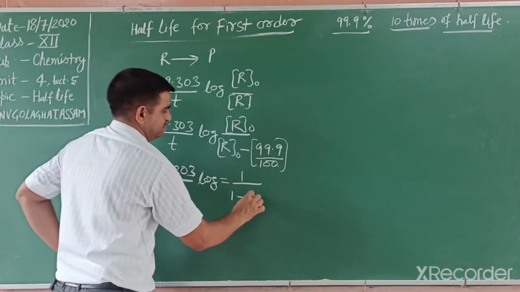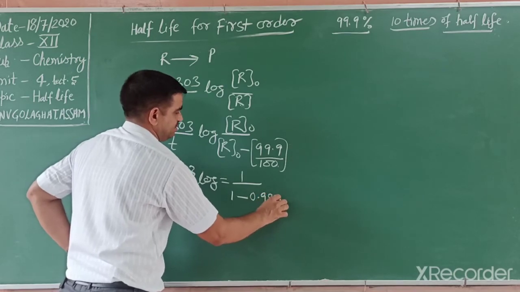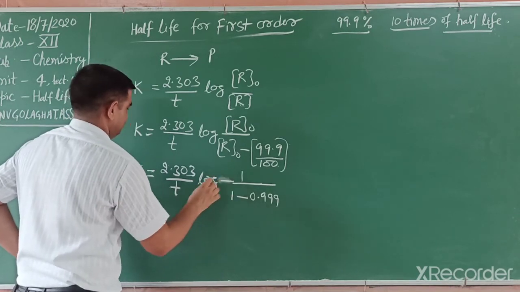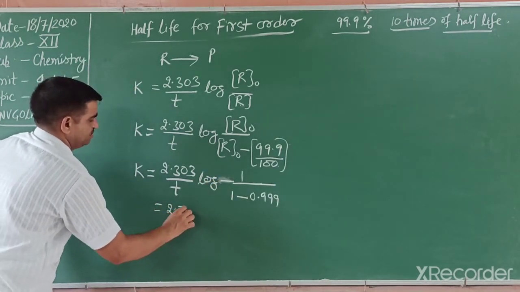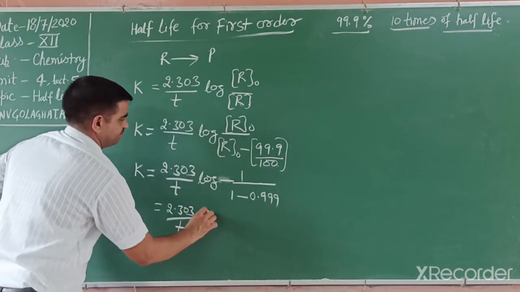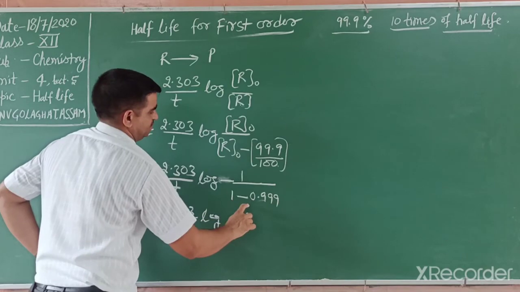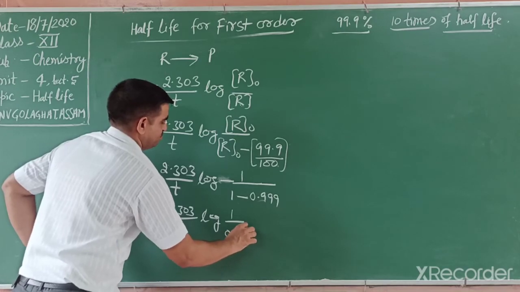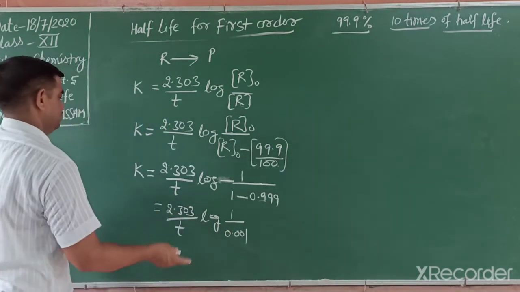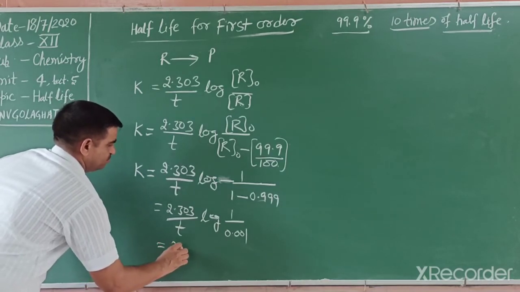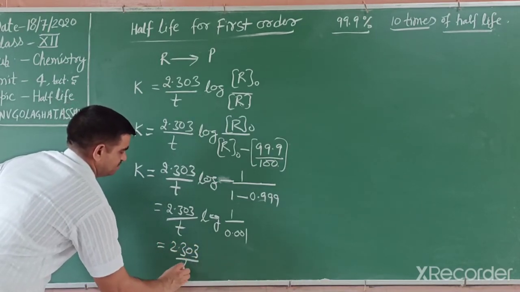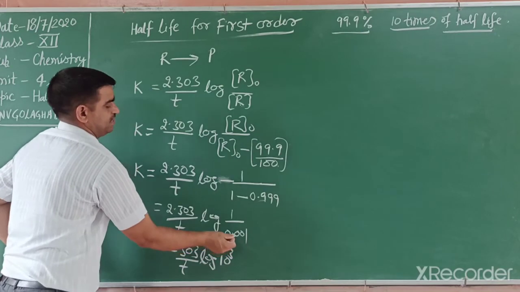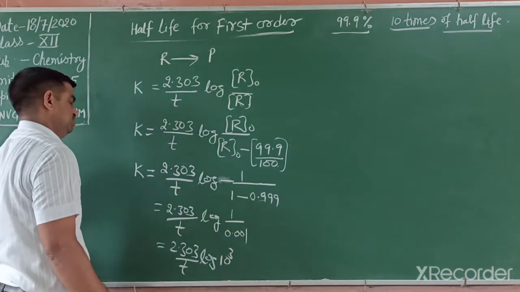If you solve further, this becomes 2.303 by T log 1 by 0.001, and when we resolve again, 2.303 by T log 10 to the power 3, because when the decimal point goes upside it is 1000.